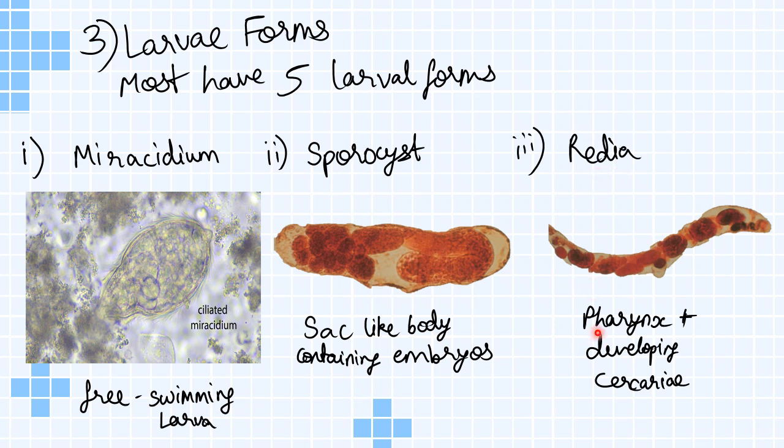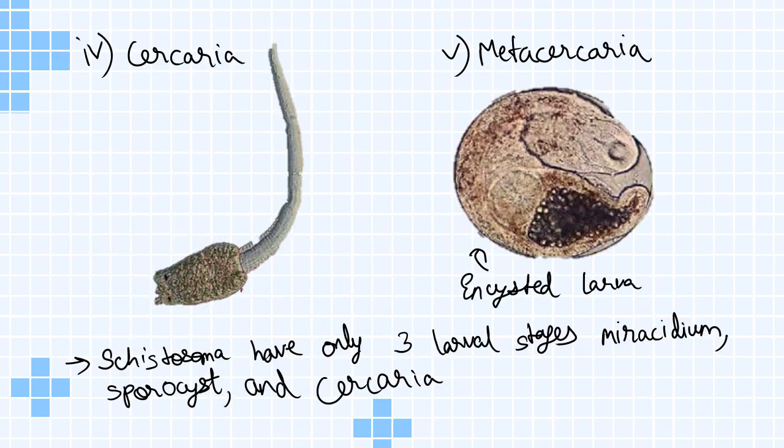Here, the pharynx develops and the developing Cercaria forms. The Redia then develops into Cercaria, a motile larva with a tail. The Cercaria eventually transforms into Metacercaria, an encysted larva stage. An important point here is that Schistosoma have only three larval stages, which include Miracidium, Sporocyst, and Cercaria.